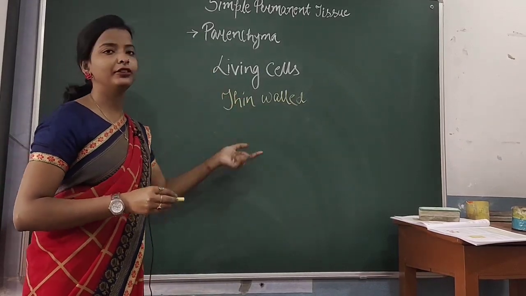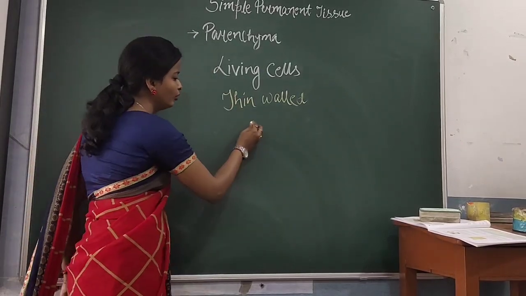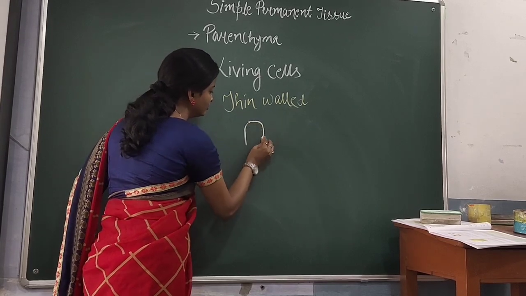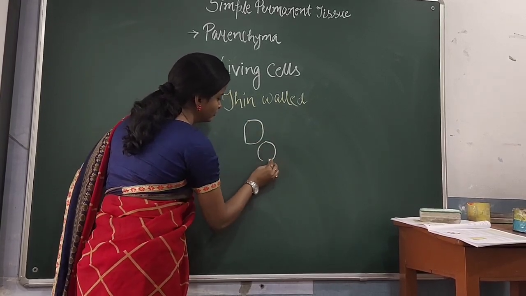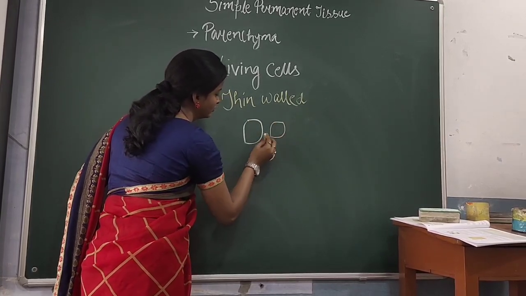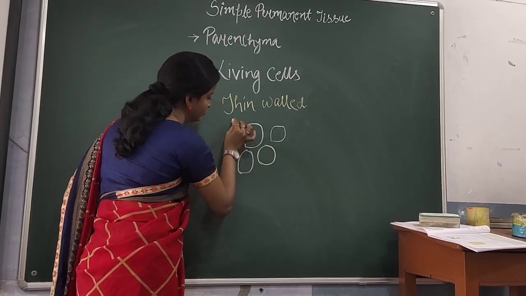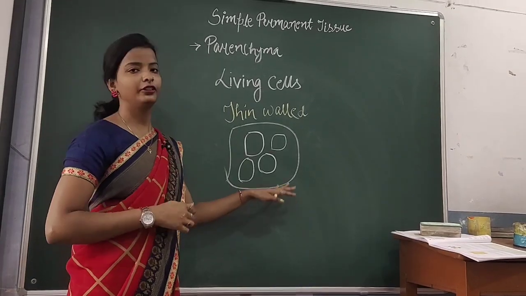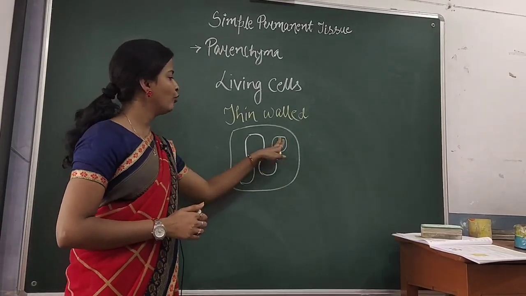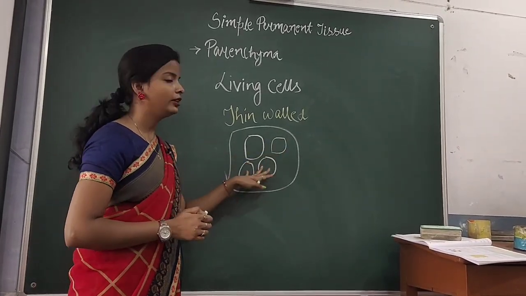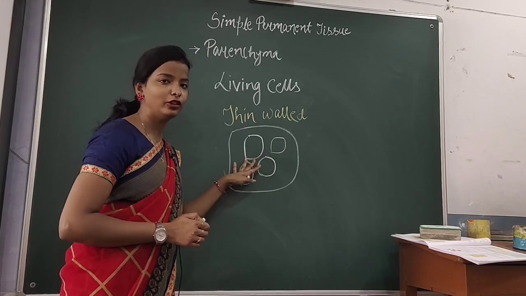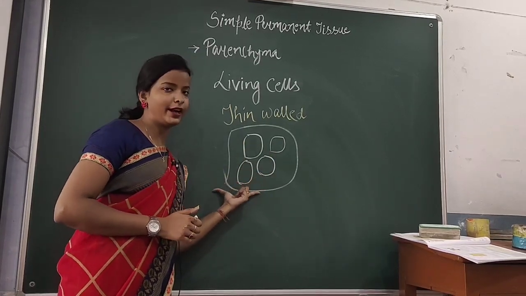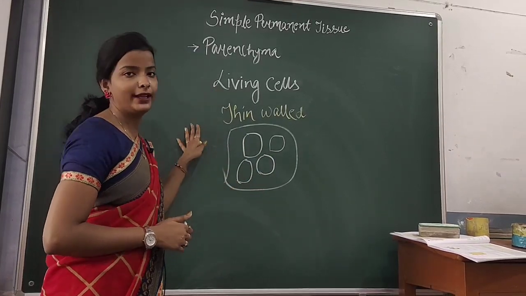So the parenchyma cells are having thin walls. So, suppose this is, you can say that this is a parenchyma cell. So, the walls are thin, space is there and intercellular space is more and the cells are loosely packed. So, this is about the parenchyma.